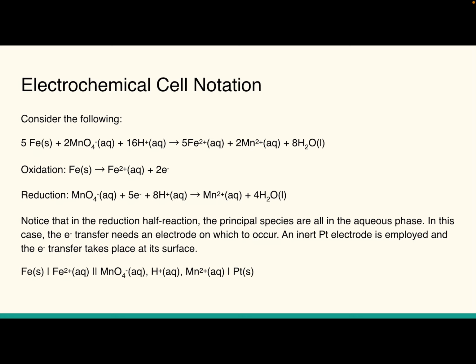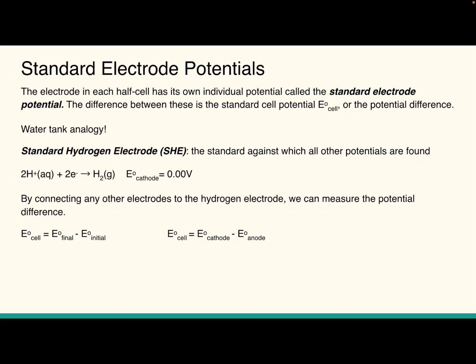If you have things in the same phase, like in this example here, you have the permanganate and the H plus and the manganese 2 plus all in the aqueous phase, so you just separate those by a comma, and then the electrodes are usually what you're going to see on the far left and the far right. So just keep that in mind.